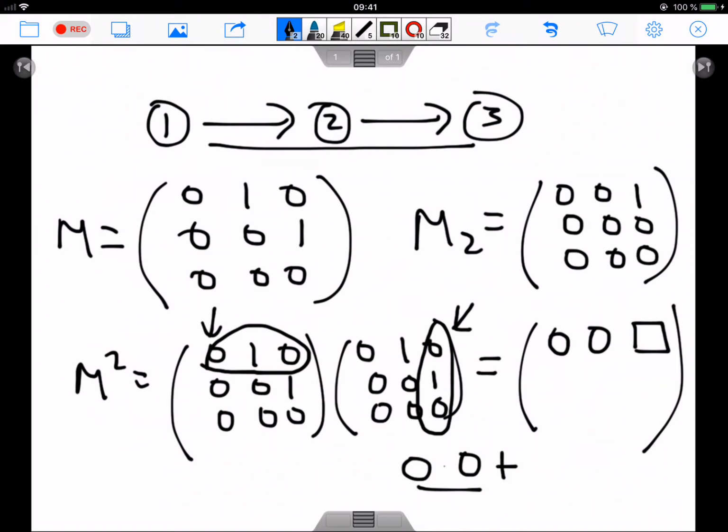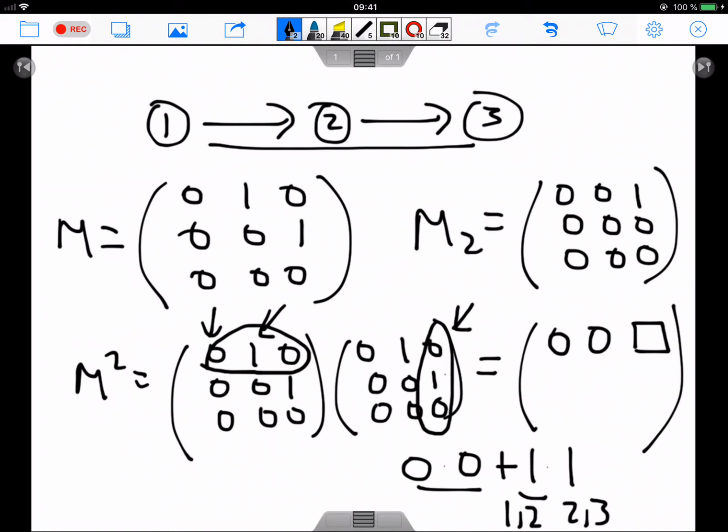The second possibility is to multiply this one here with this one here. Now we have an edge from 1 to 2 together with an edge from 2 to 3, and this gives us a path of length 2 from 1 to 3.